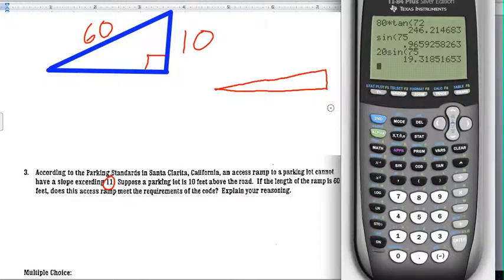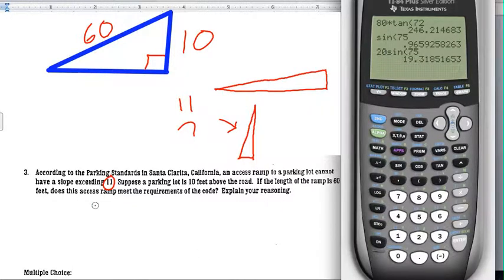But if you built a ramp this steep, this would be a ridiculous thing for someone in a wheelchair to try to roll up. I'm pretty sure it's impossible. This would be fine, a pretty normal ramp in a parking lot or in a store for handicapped access. This would be ridiculous.